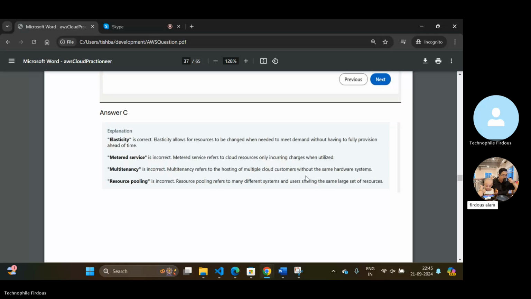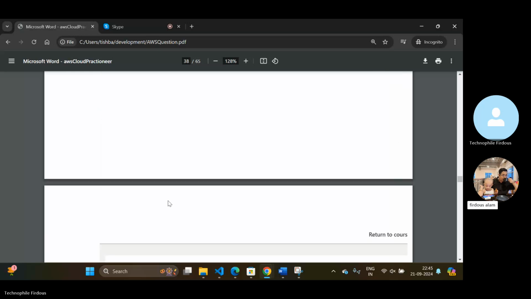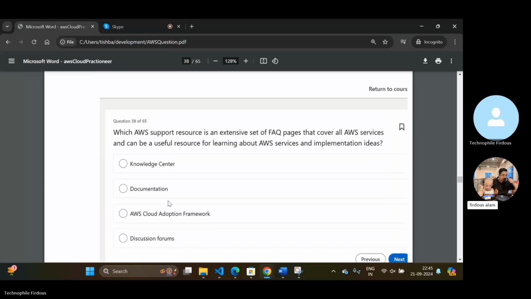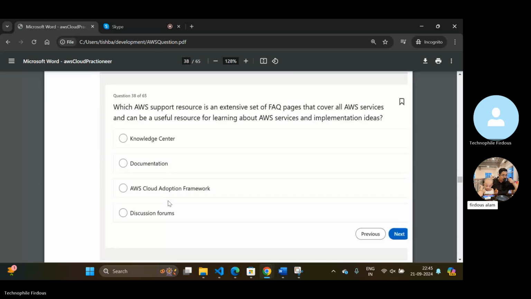Through this explanation you will get some idea of what multi-tenancy or resource pooling is. So always pause your video and go through the explanation also, instead of just the option for the answer. Okay, now let's go to the next question.